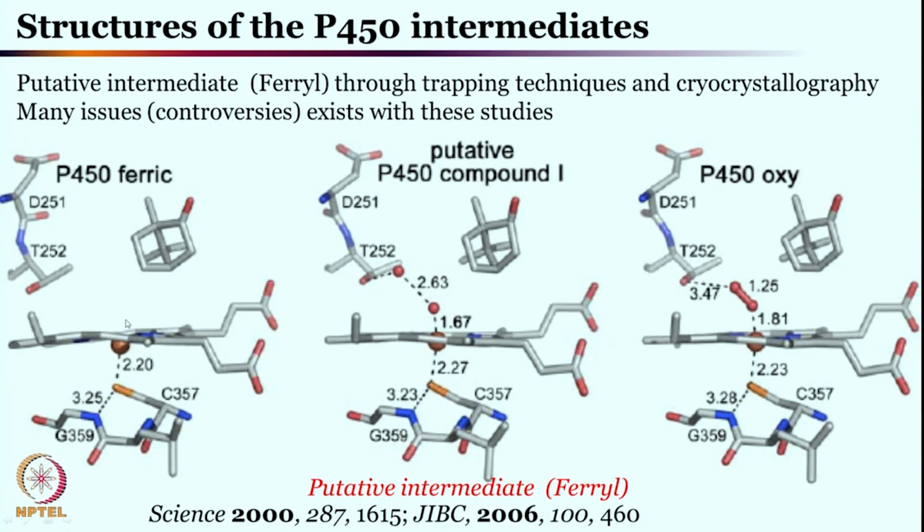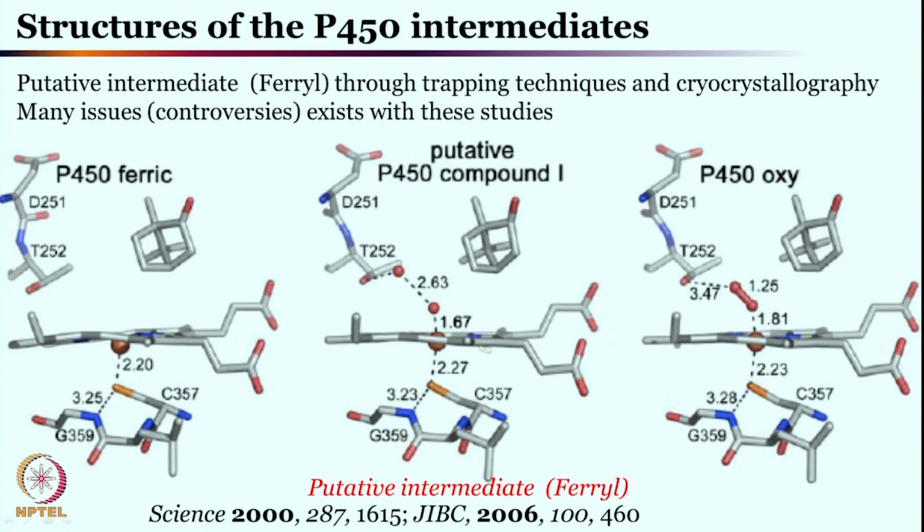Now, it has been proposed that there is an iron 4 oxo intermediate and it has been crystallographically characterized. Once again there is a debate, but that debate is whether this is really iron 4 oxo or an aqua molecule. Although the crystal structures can be informative, in this case it cannot resolve beyond doubt that this is a high valent iron oxo intermediate, but it looks quite reasonable.